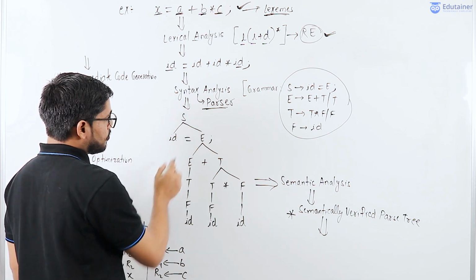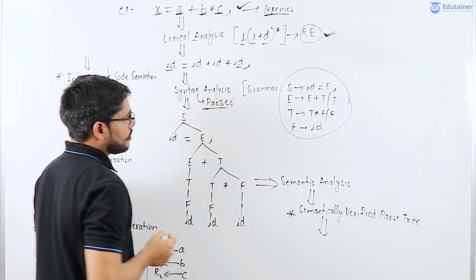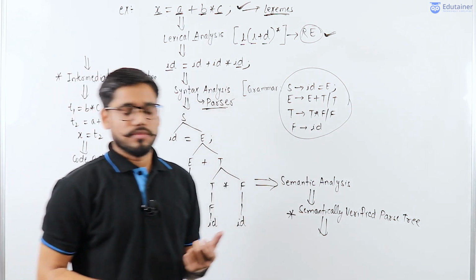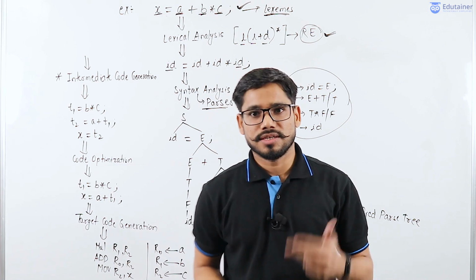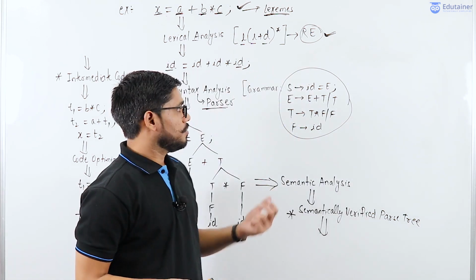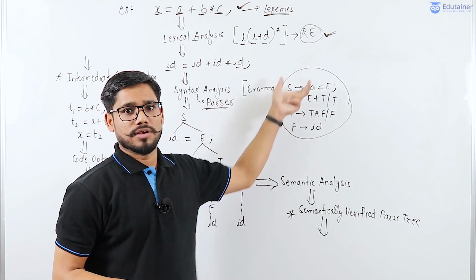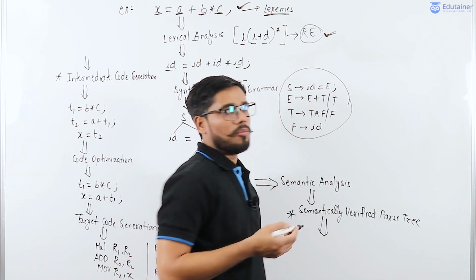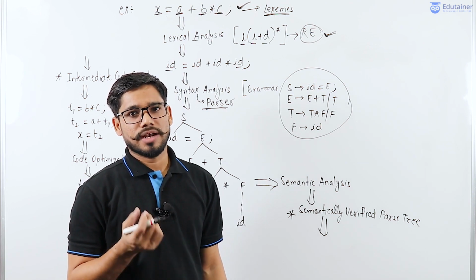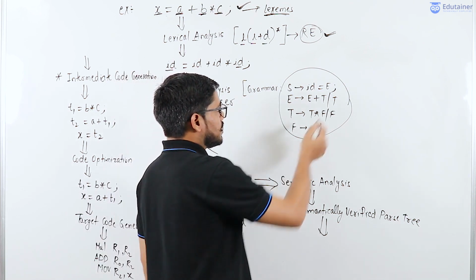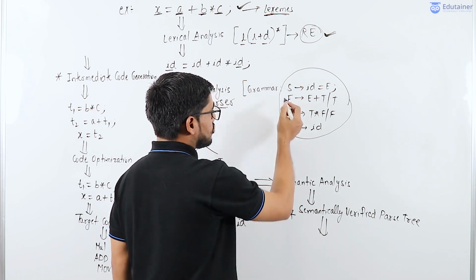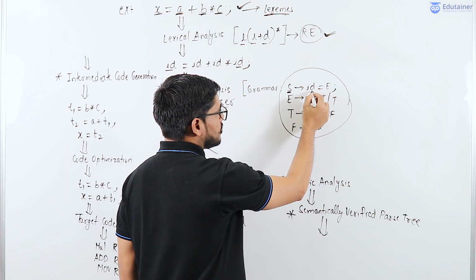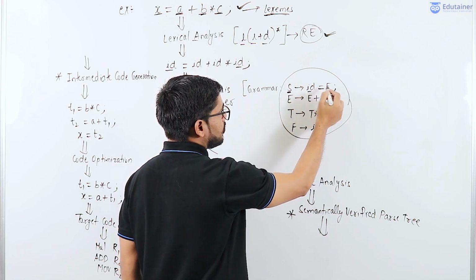How will it convert this stream of tokens into a parse tree? First you have to understand the grammar. Grammar is also discussed in theory of computation subject, but after this topic I will give you a brief definition. Grammar is a combination of variable, terminal, production and start symbol. This grammar can be read as, statement is identifier, assignment, expression.